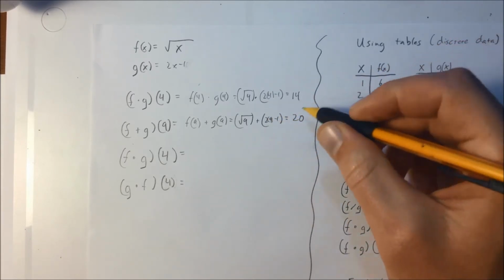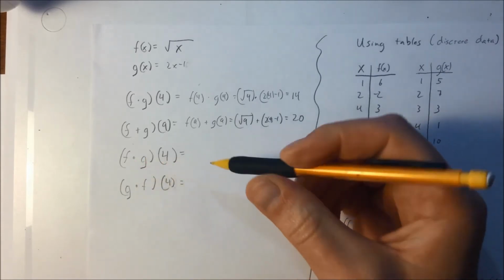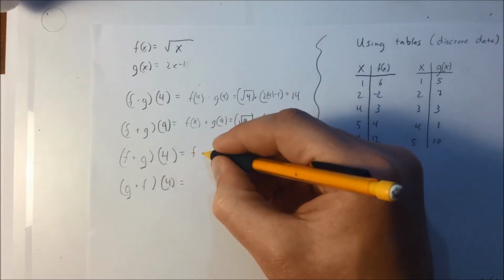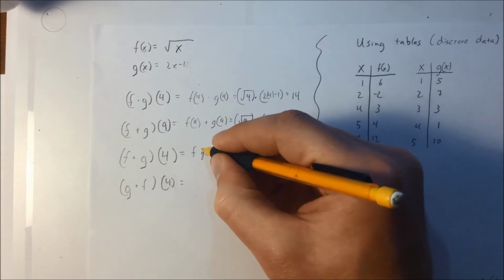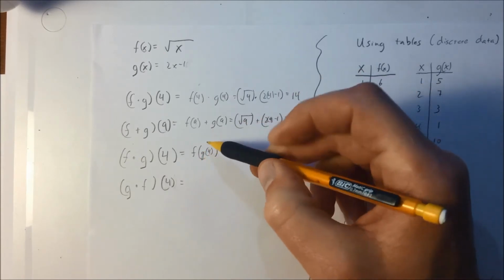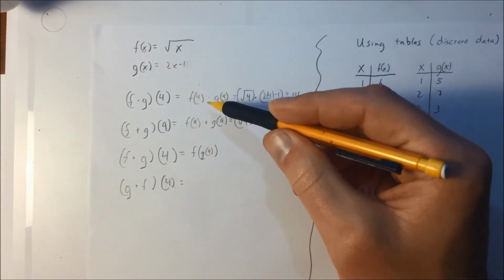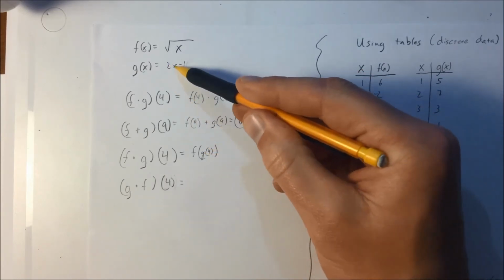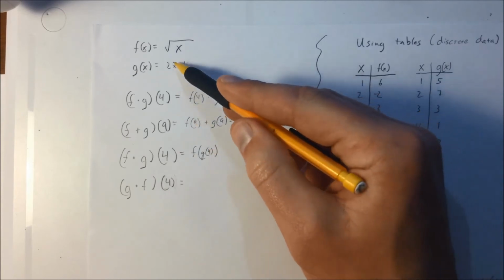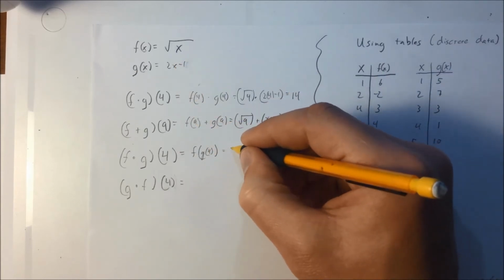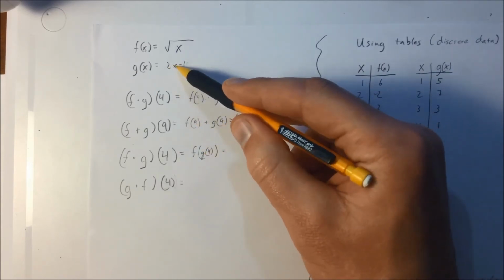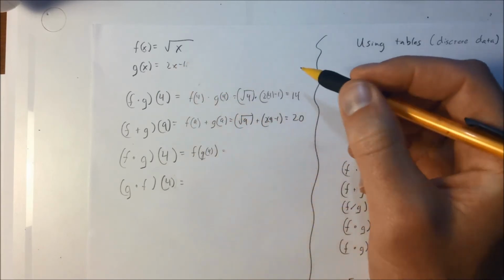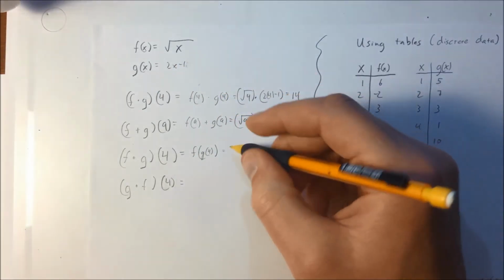No problem. f of g of 4. All right, well, we know this is f with g of 4 shoved inside it. So for g of 4, I'm going to plug 4 into g. Now, if I plug 4 in there, that's going to give me 2 times 4 minus 1, which is going to be 7.